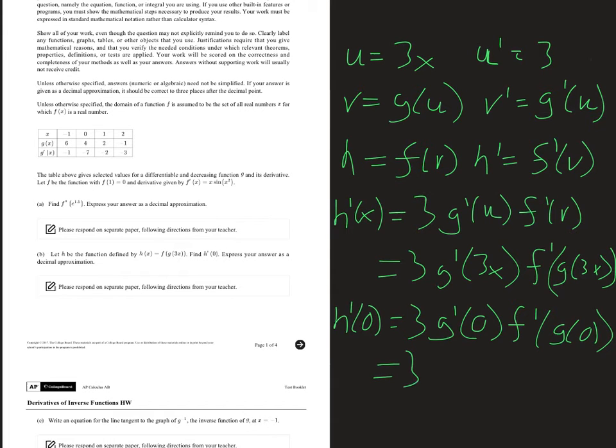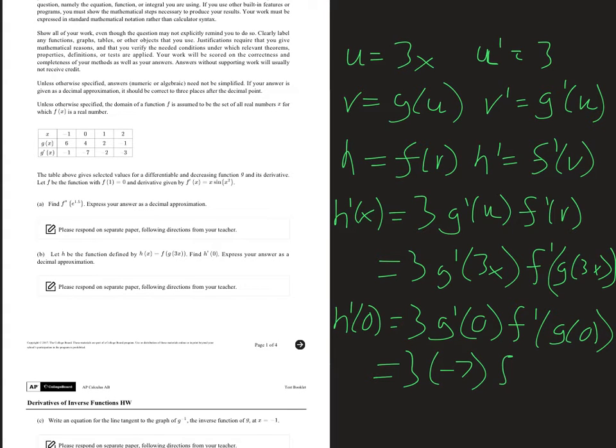Look at my table. What's g prime of 0? Plug in 0, g prime is negative 7. Negative 7. f prime of g of 0. Well, g of 0 is 4.